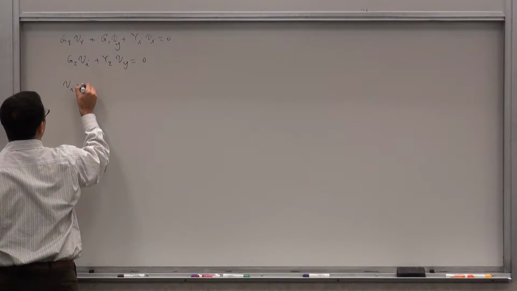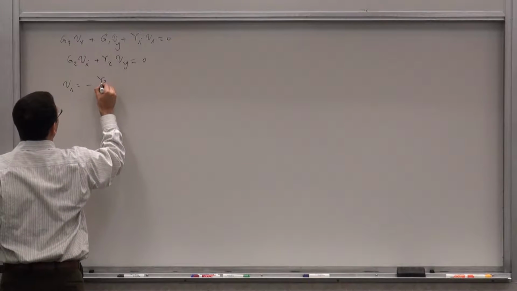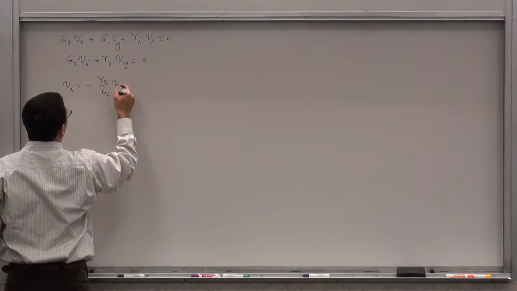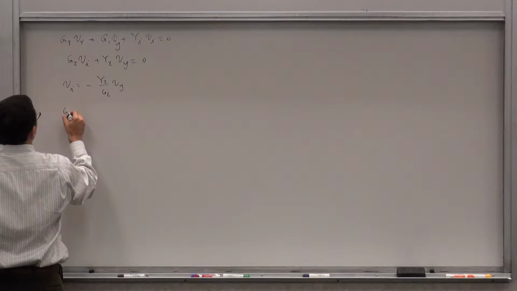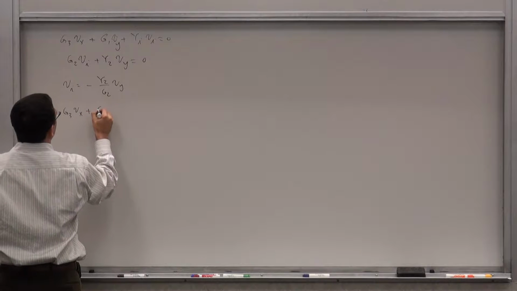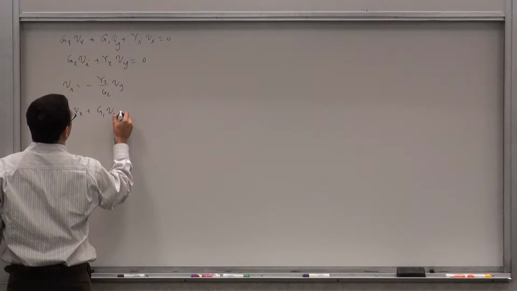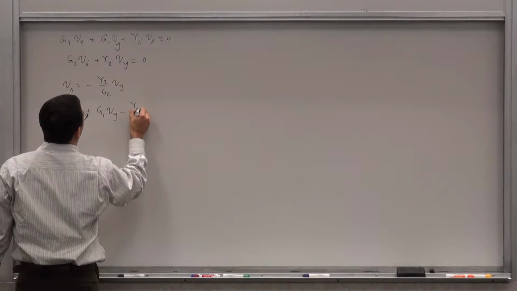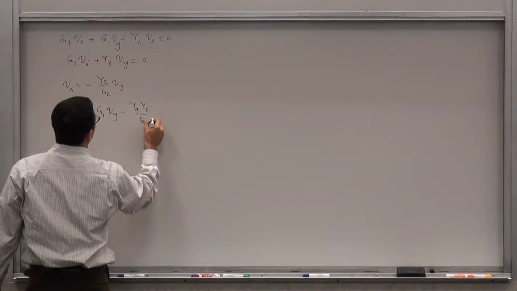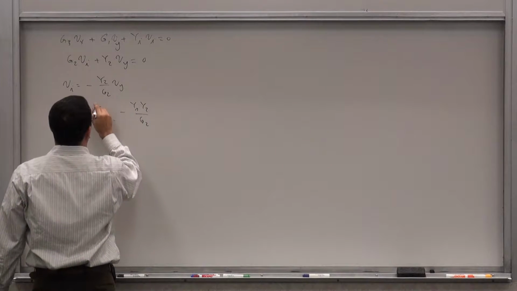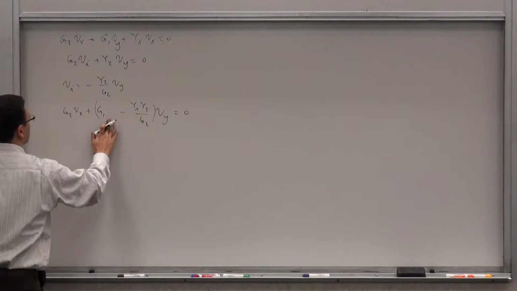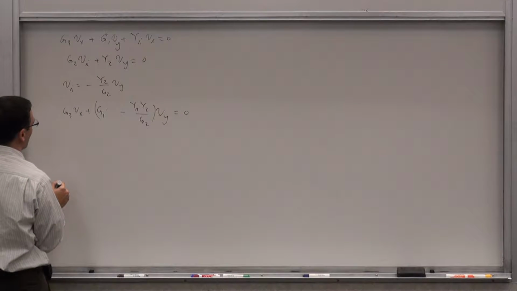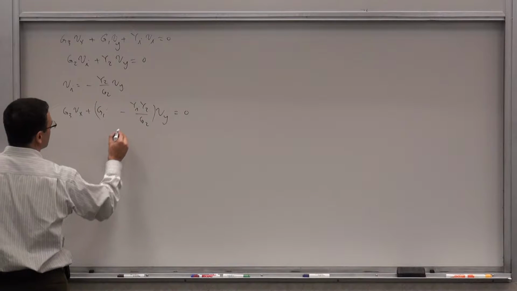So Vi from this one is minus Y2 over G2 Vy. Plug it into this guy. So you get G3 Vx plus G1 Vy, basic algebra, minus Yi Y2 over G2 is 0. So divide by G3.